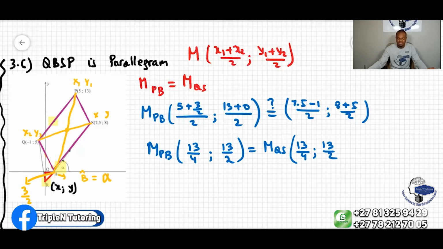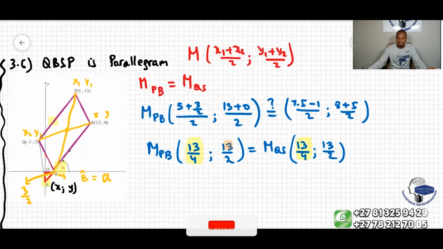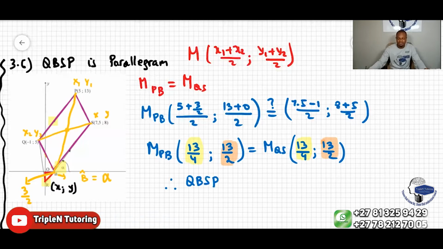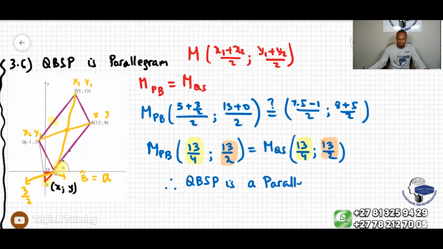Now we can see that the midpoints are the same. Therefore, QBSP is a parallelogram. This is one way of solving this.